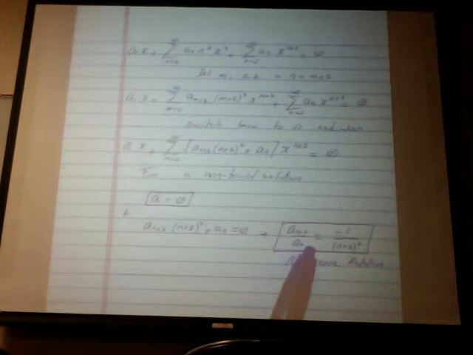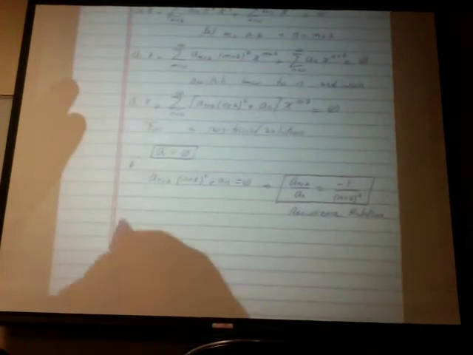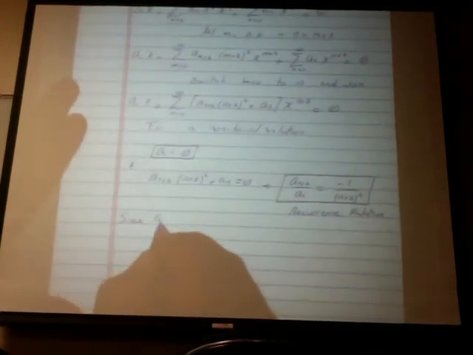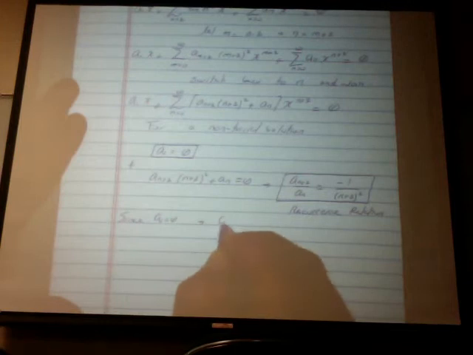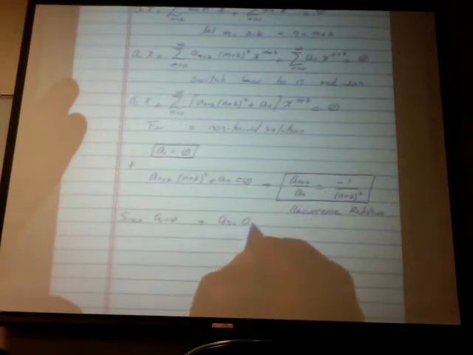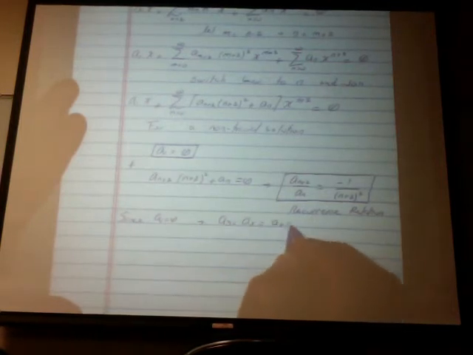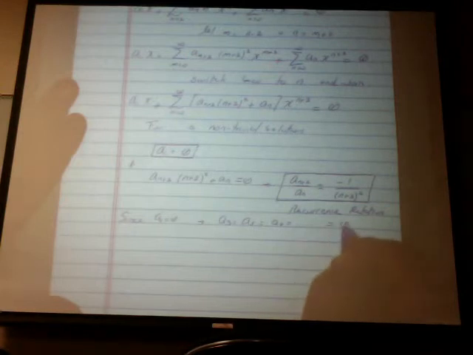So because we found that a1 is equal to 0, this recurrence relation is also telling us that a3 is equal to 0, right? That a5 is equal to 0, that a7 is, all the odd values are equal to 0. So since a1 is equal to 0, then a3 is equal to a5, which is equal to a7, and so on and so forth, which is equal to 0.